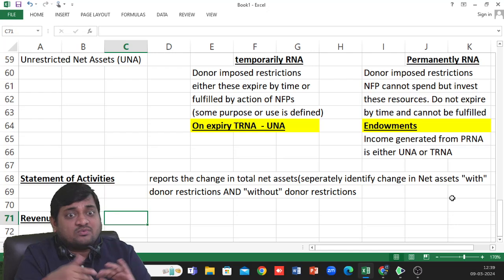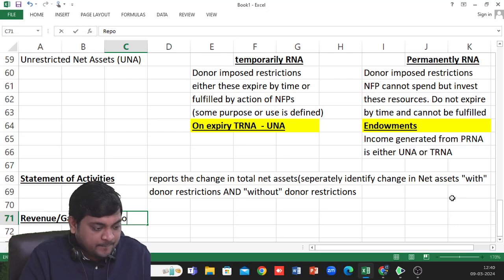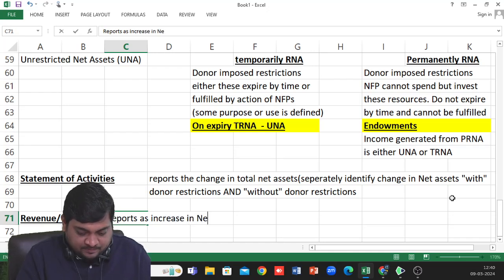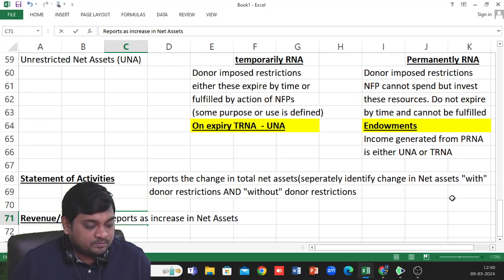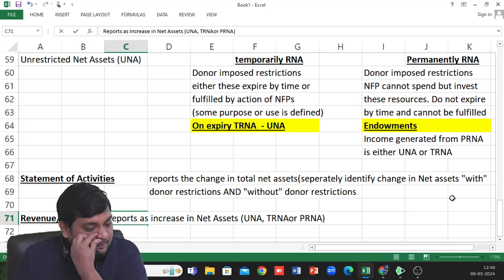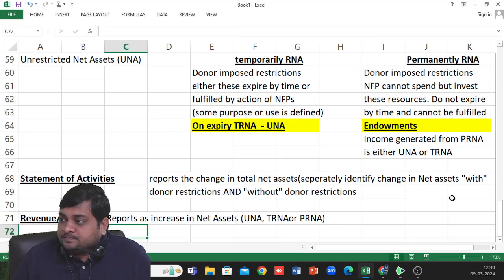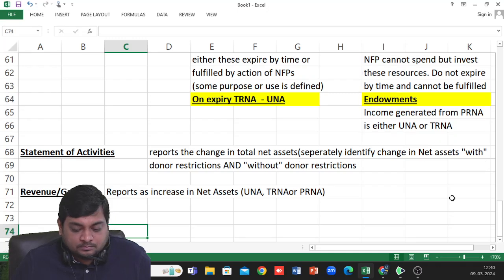Without donor restriction or with donor restriction. So report as increase in net assets, UNA, TRNA or PRNA, depending upon what type of restriction has been imposed.